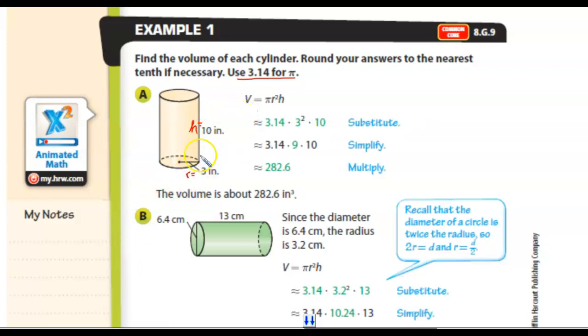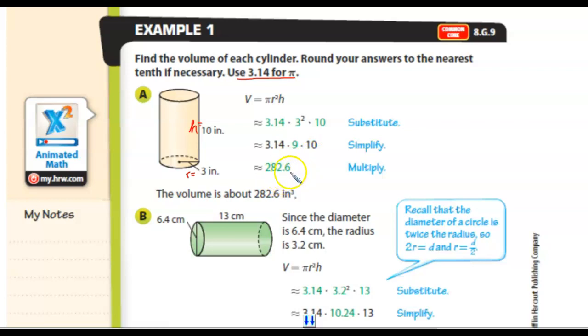So if I know that the area of a circle is pi r squared, we're going to use 3.14 for pi. Our radius is 3, so we're going to have 3 squared, and then the height of the cylinder is 10. We're going to multiply all this. So we have 3.14 times 9 times 10, and that gives us 286.6.